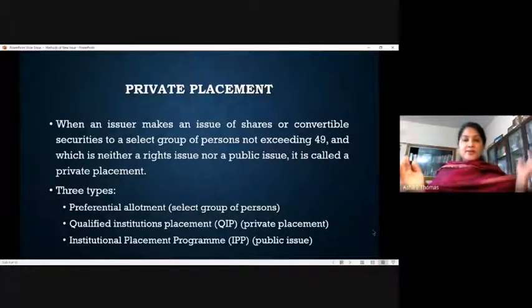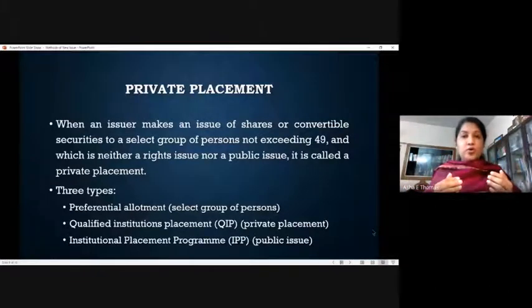So in that case, if public companies or government companies want to increase their shares, they have to find some other route. This was one of the routes offered by the government to increase public participation in the share capital, that is IPP. So it is more or less like a public issue.